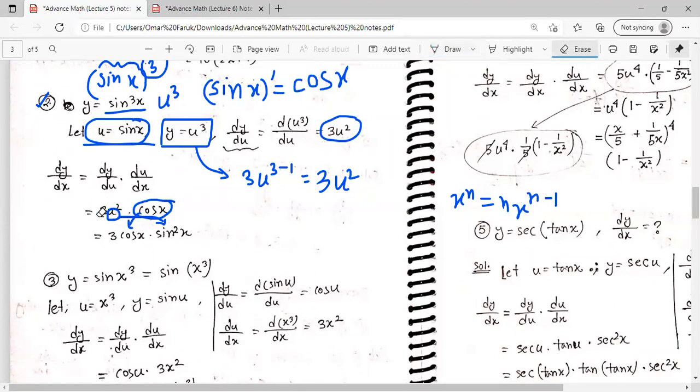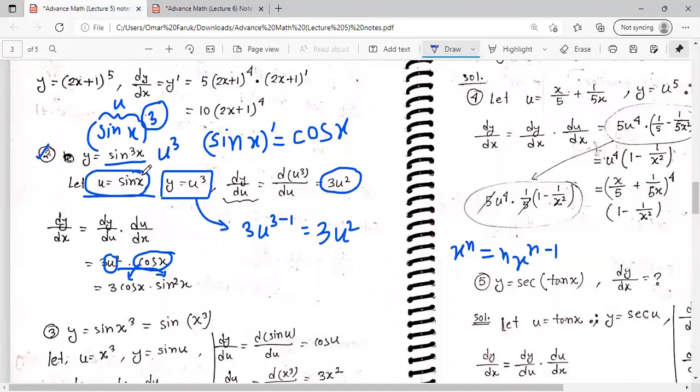Can you see? We just put the value of u here, because we already imagined that u is equal to sine x. So u square means sine square. Fine, can you understand?